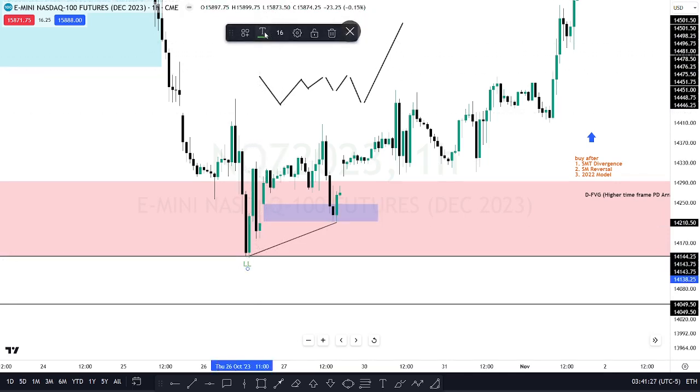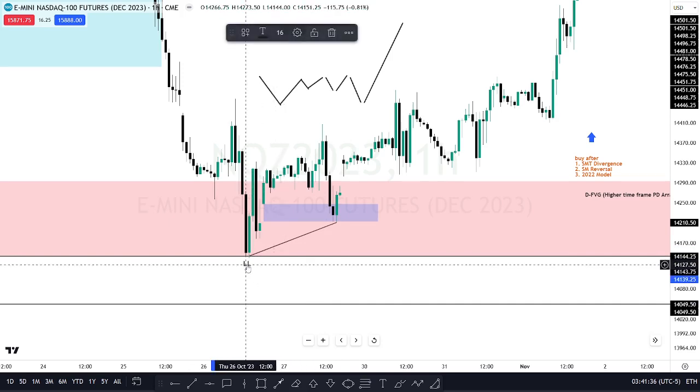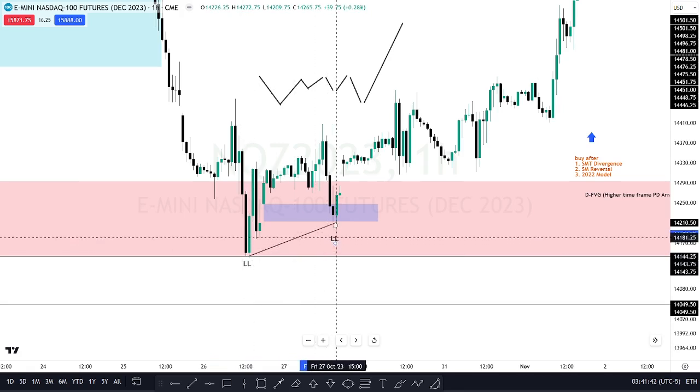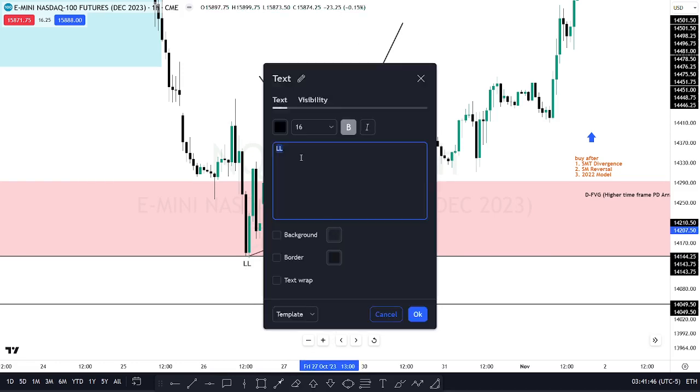Let's make this black. We have a lower low on Thursday, but on Friday, we had a higher low.